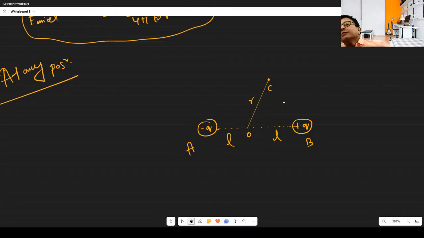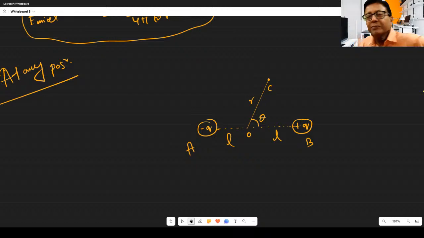No, we will find it by vector method only. But one thing I did not tell you, this angle theta is known. Something like polar coordinates in mathematics. We have to find the strength of electric field here.